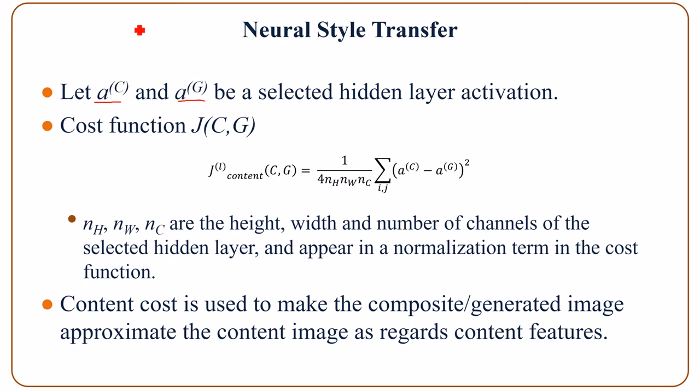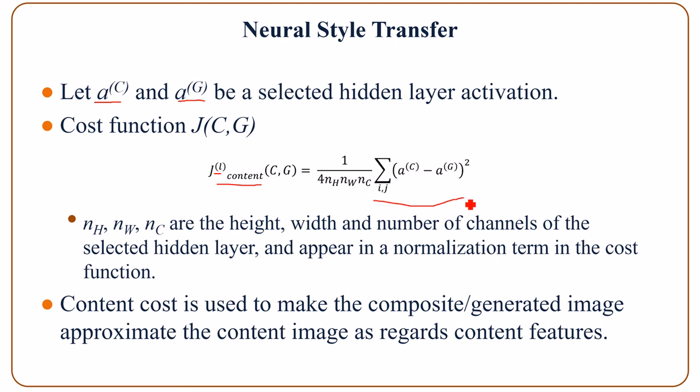So AC and AG are the layer activations at some level in the structure of the network. We calculate the cost function. This cost function is calculated at layer L for the content image, and basically we measure how much the content image is different from the generated image.